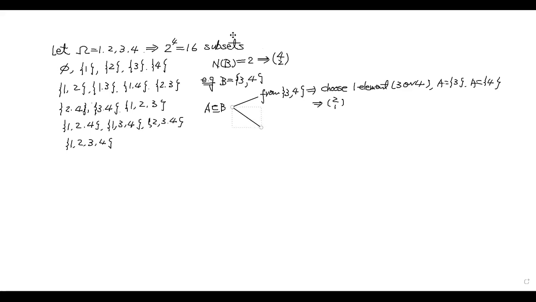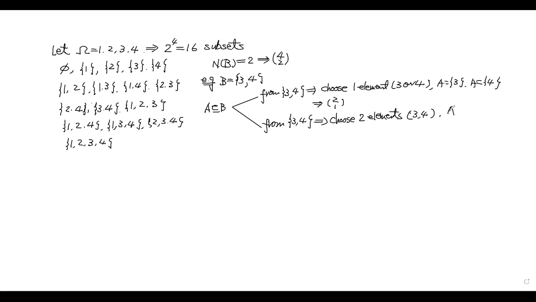Now let's take a look at the same thing for B here, which is {3, 4}. From the {3, 4}, I can choose 2 elements. In this case, I have no choice: it's 3 and 4.